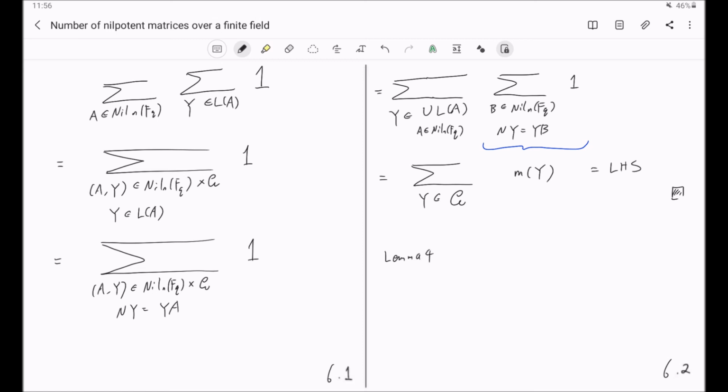Lemma 4 is the same as saying the summation of all those admissible y's that are non-zero of M of y is equal to q raised to the power n minus 1 times M of O.